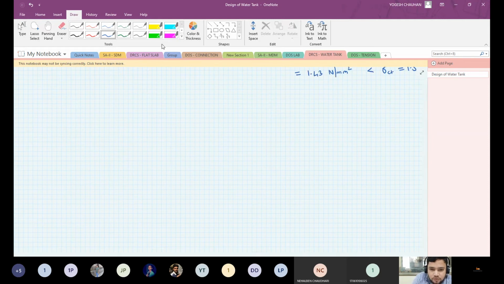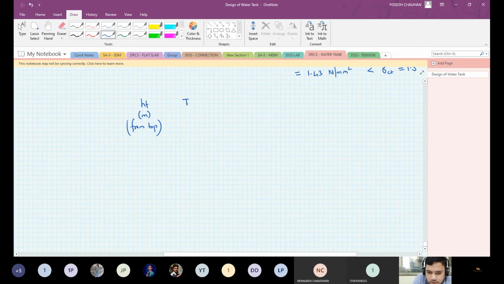So just make a table with height in meter. Okay, this is measured from the top of the water surface.